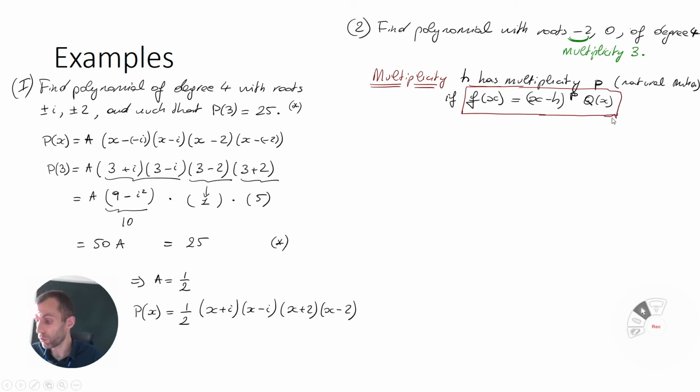So h is a root, but you can take out this x minus h factor p times, so you get p here in the exponent.